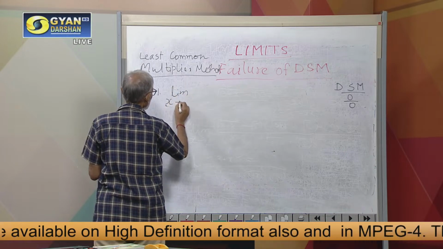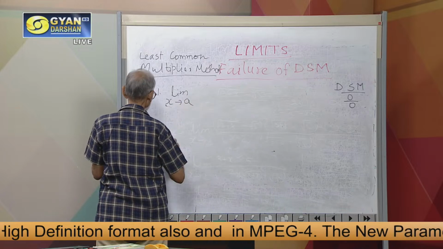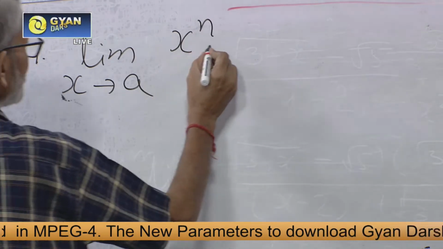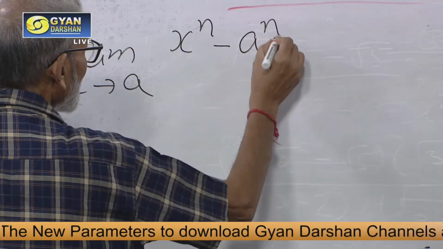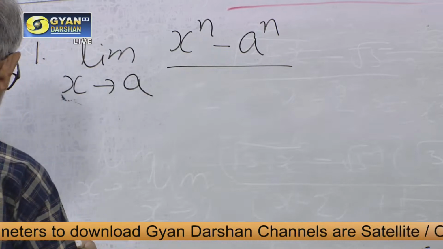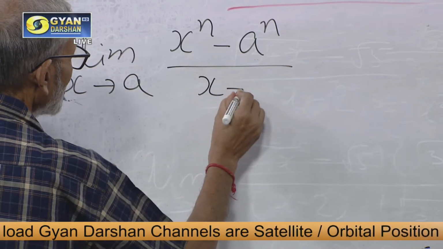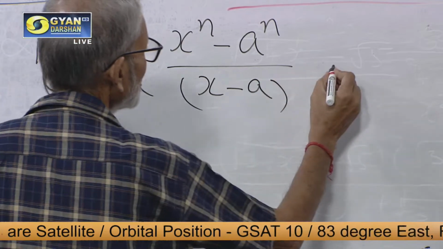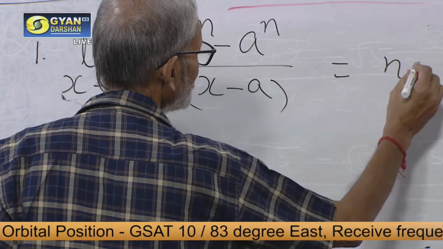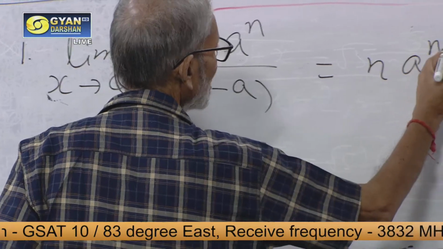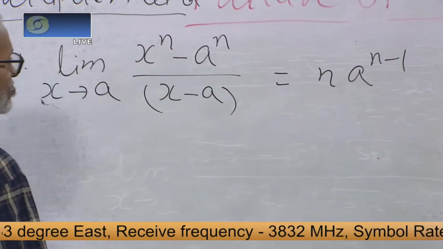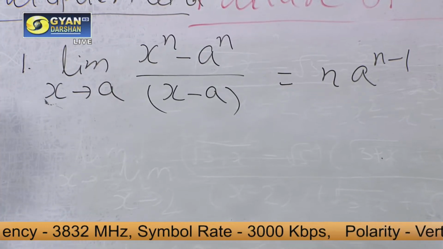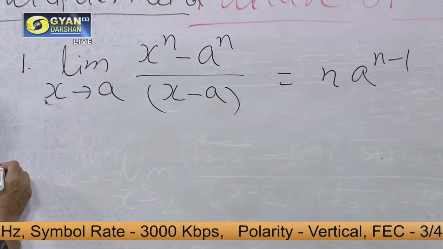Limit x tends to a, x^n minus a^n divided by x minus a. This simply becomes n a^(n-1). You see, quite simple. You have to remember.